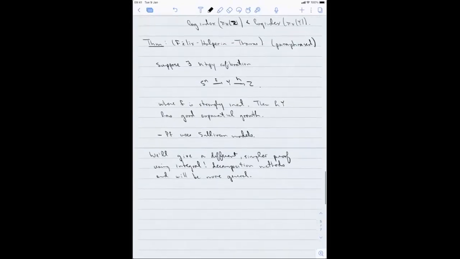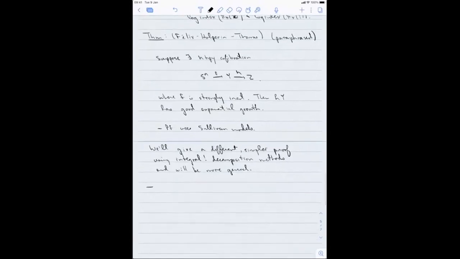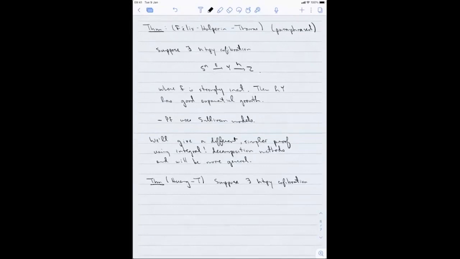Okay, so I'll write it down and then talk a bit. So this is due to Reiji Huang and myself. Now suppose there exists a homotopy cofibration suspension A to Y to Z. Right, so we've replaced this sphere by a suspension.